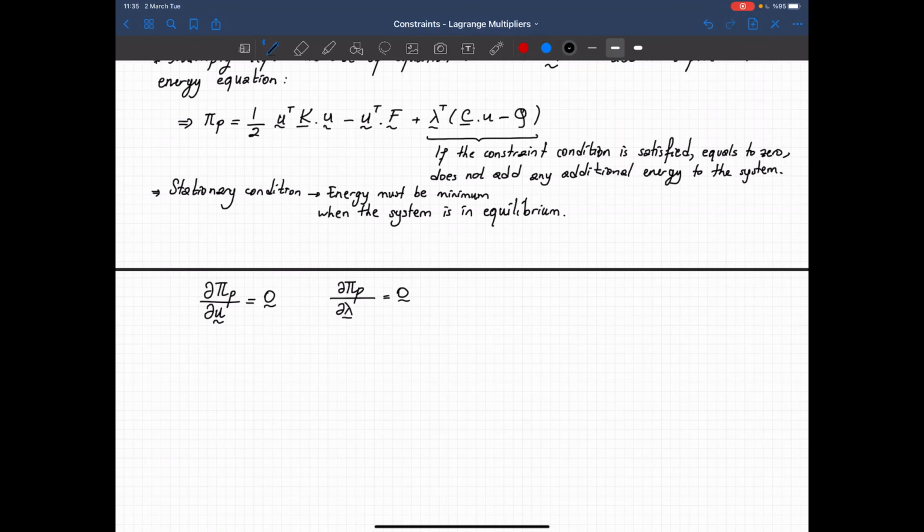Okay, so when we apply this condition to our total potential energy functional, we get our classical stiffness equation if we just ignore this part. But now we have this part, so it gives me some additional equations. So I'm taking the derivative of this total potential energy functional and writing it in matrix form.